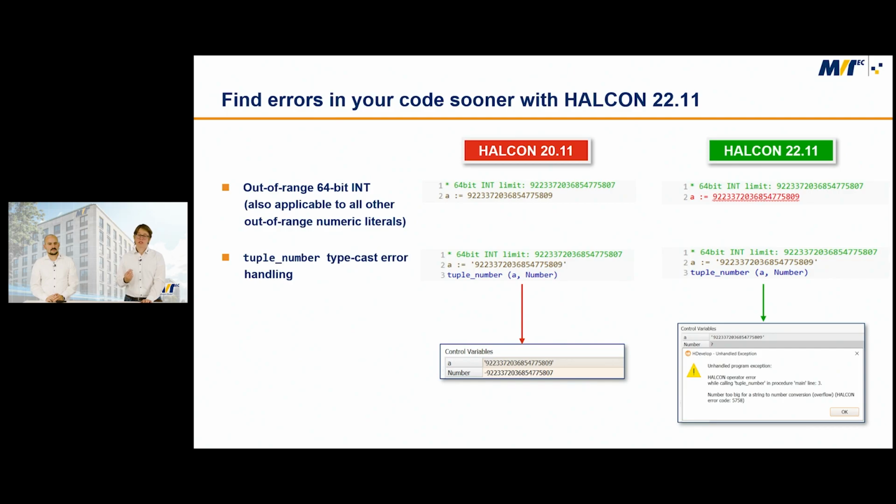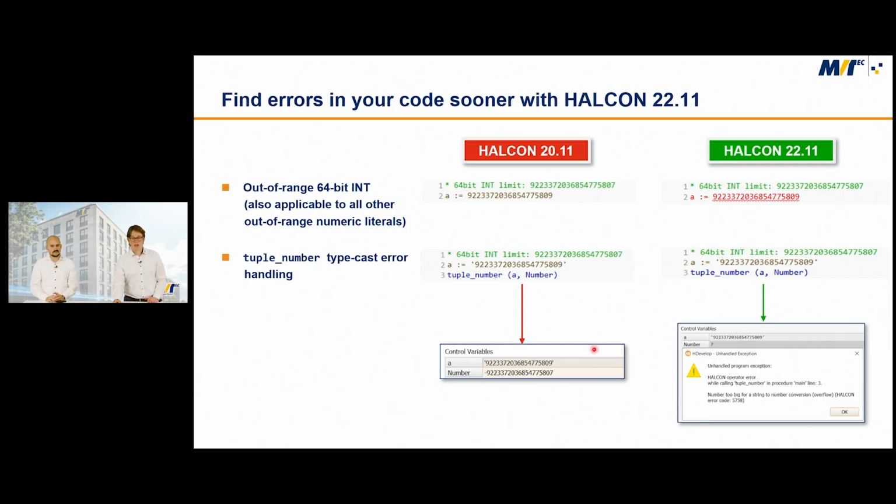So to detect those errors sooner, we have also now implemented some things into HDevelop where, for example, writing an out-of-range integer into your program window will now result in an invalid line. And of course, as I told you before, tuple_number typecasting errors are now impossible.